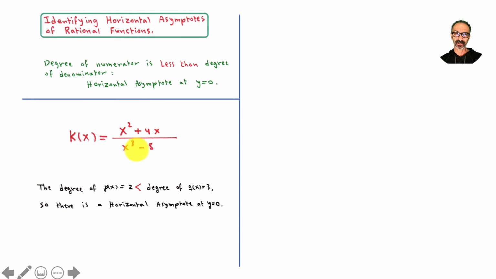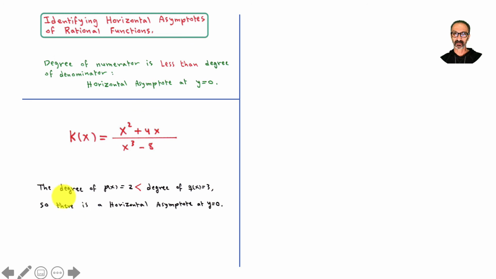A billion times a billion times a billion compared to a billion times a billion. Even higher. So eventually, this is going to grow way faster than this, and the whole fraction will tend to 0, closer and closer to 0.